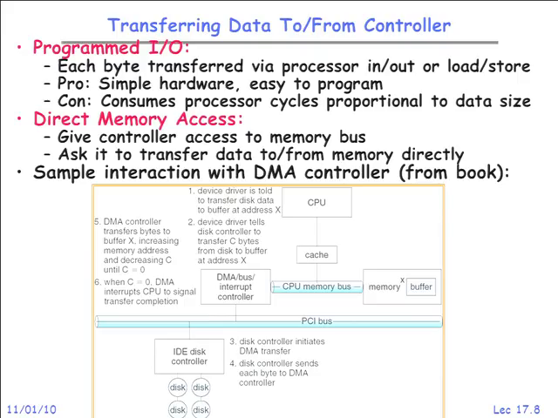Yes? Do most systems have a way for the processor to mask out part of the memory so that the DMA controller can't write to it? That's a great question. Do most systems have a way to mask out most of the memory so the DMA controller can't touch it?